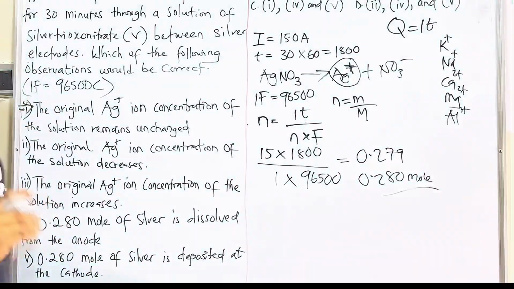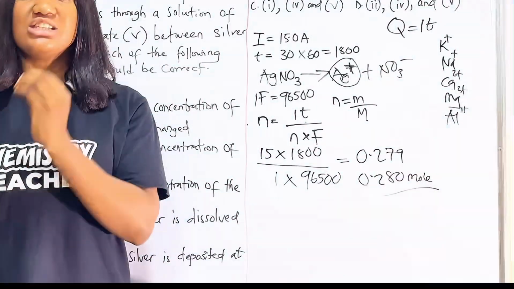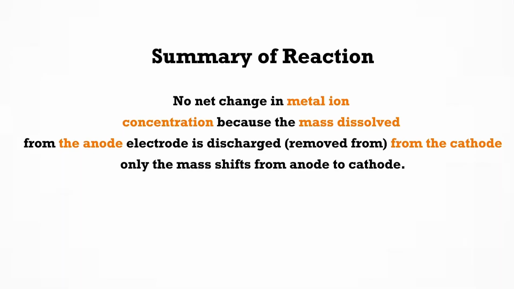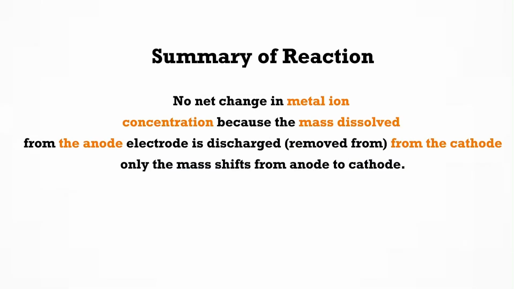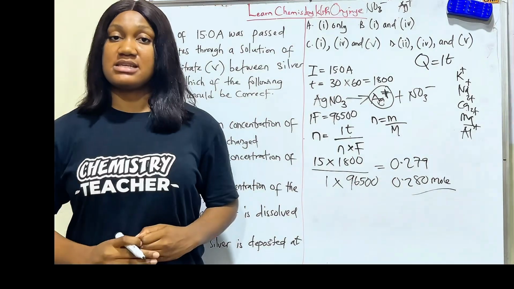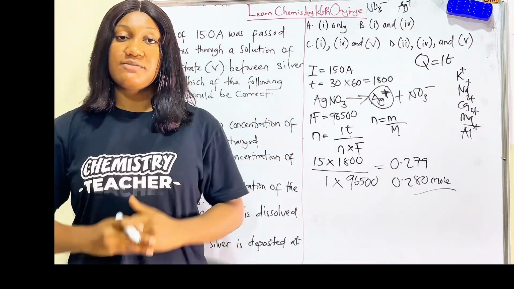Now, like I said, once this anode is dissolved, it will flow to the cathode to be deposited. So we said 0.280 mole of silver is deposited at the cathode. Yes, because 0.280 mole of silver has been dissolved in the anode. This same amount of silver will be deposited at the cathode. Now, I hope you understand this. When a metal is used in electrolysis, the cathode is unaffected. That is, the negative electrode is unaffected.